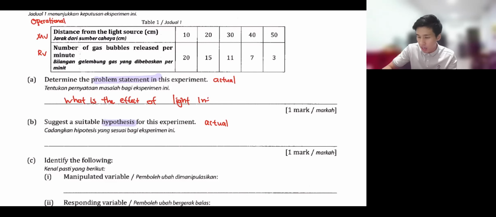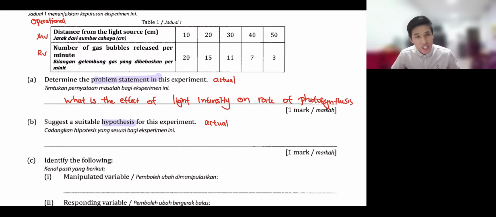MV, light intensity? Sorry, 2 more minutes. Going to finish already. On rate of photosynthesis. Suggest a suitable hypothesis, also will use the actual, because I need to guess the outcome. I guess the problem.